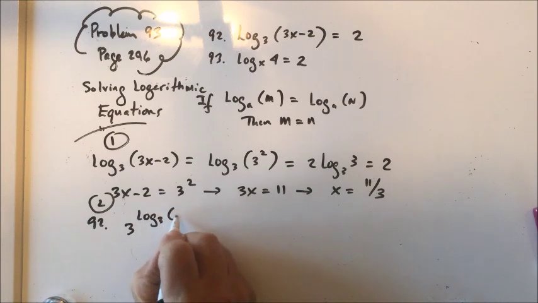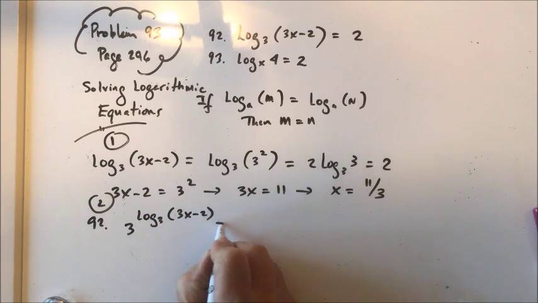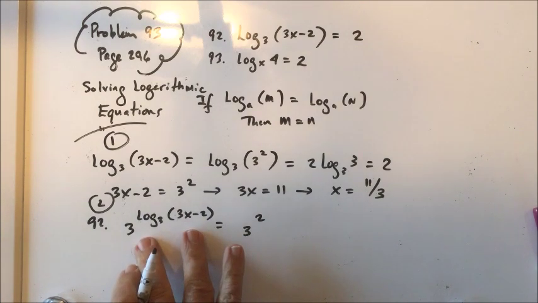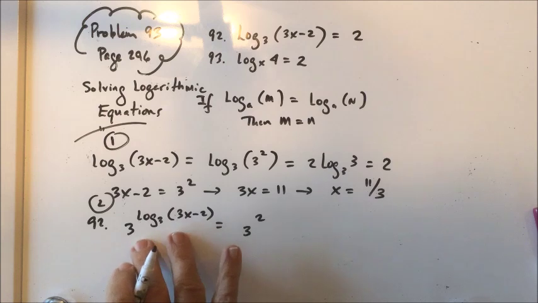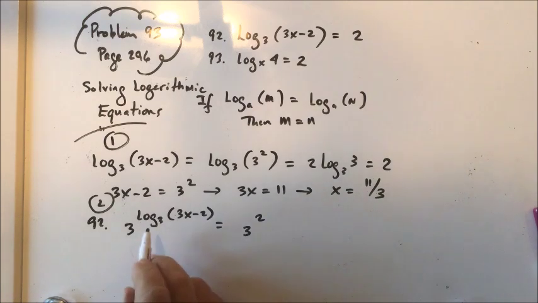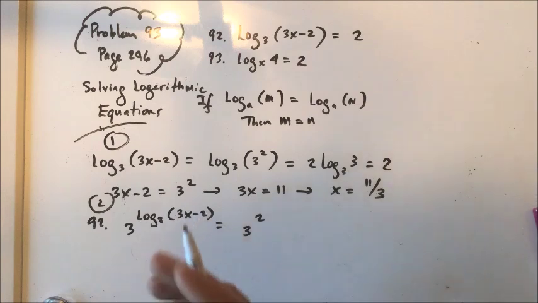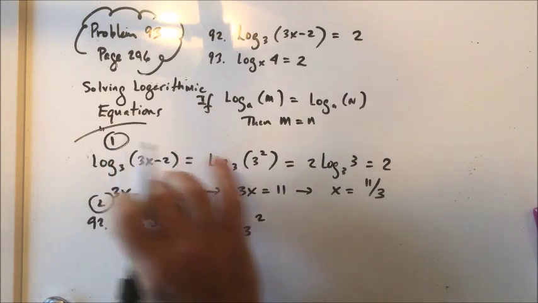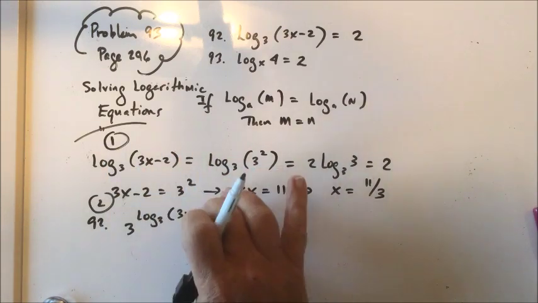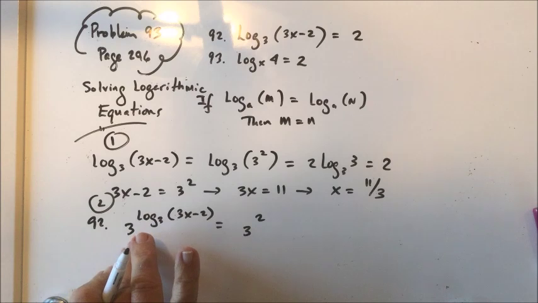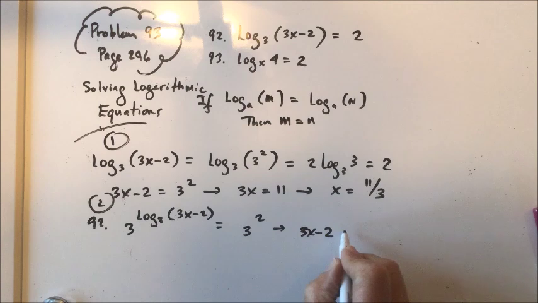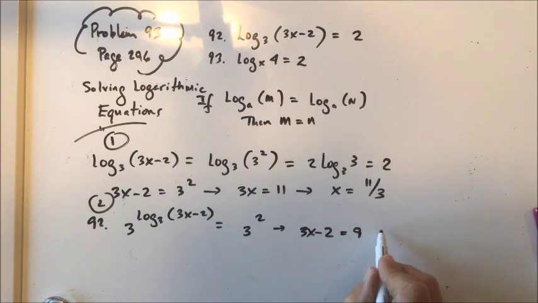Log base 3 of 3x minus 2 is equal to 2. Now let's evaluate the left-hand side, because the log base 3 of 3x minus 2 is the exponent that you put on 3 to get 3x minus 2. So if we take the exponent that you put on 3 to get 3x minus 2 and raise it as an exponent on 3, you get 3x minus 2 is equal to 9. And once again, x is equal to 11/3.